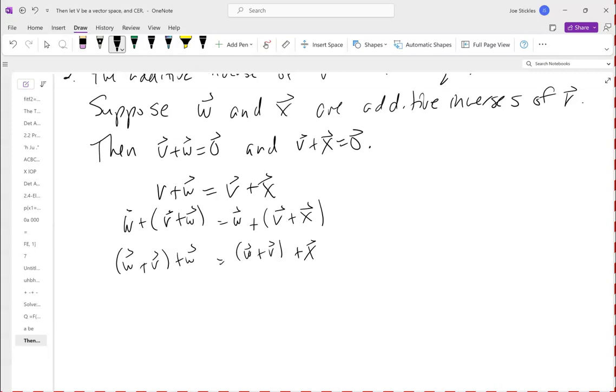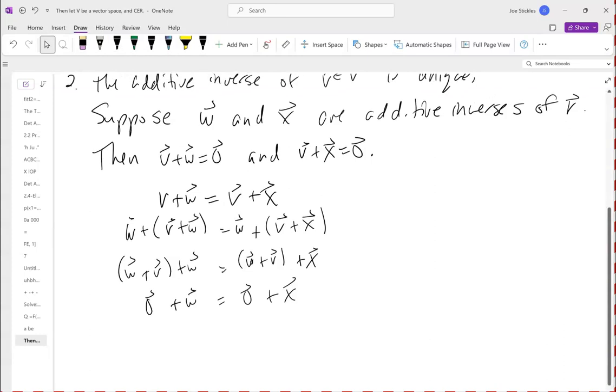Zero, right? I wrote V plus W equals 0, but we also know that W plus V is equal to 0 because of commutativity, right? That's where commutative comes in. So both of those are going to be equal to 0 now. And if we add 0, what do we do to the vector?